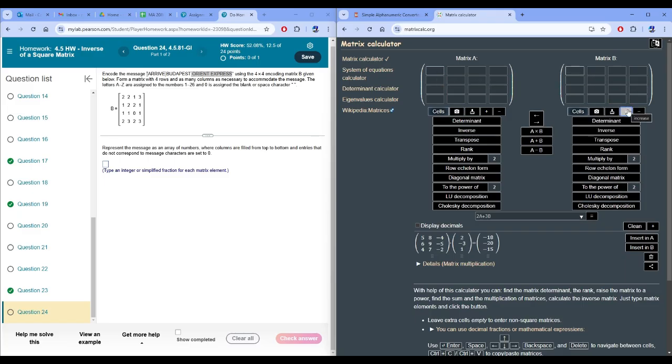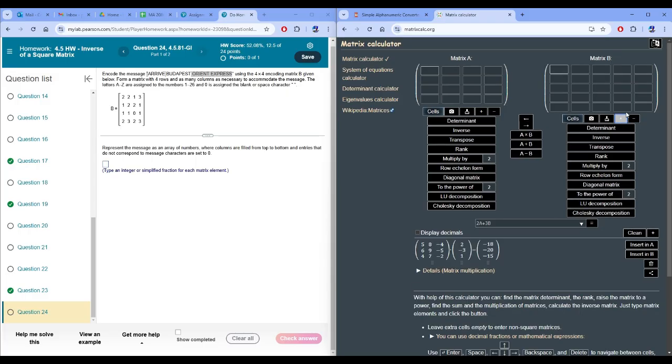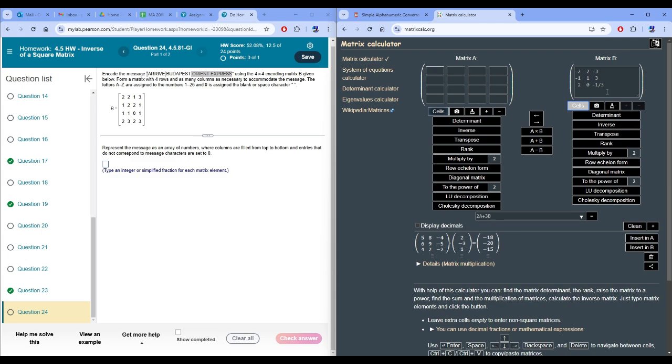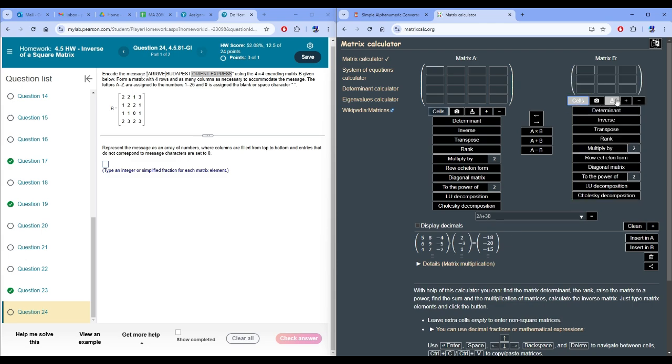Matrix B is a... how do I do this? Increase, determine inverse rank, multiply row. Oh, I don't know how to. I'm gonna try to find this. Give me a second.